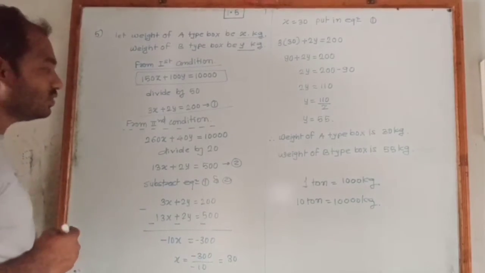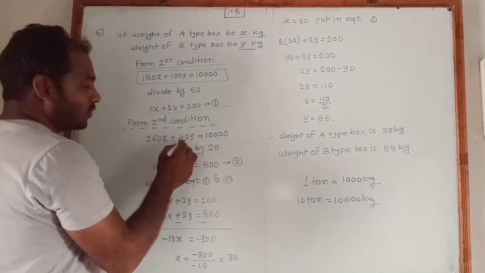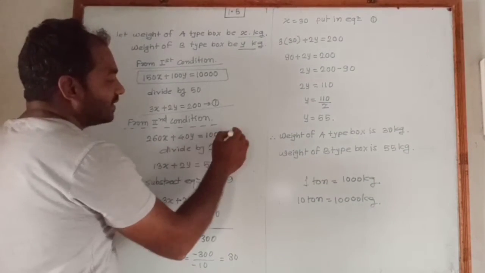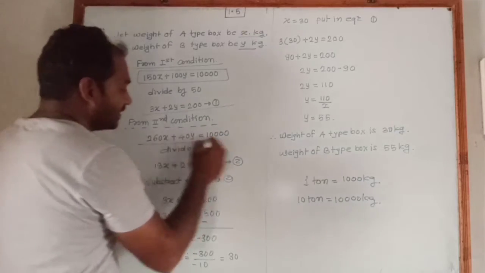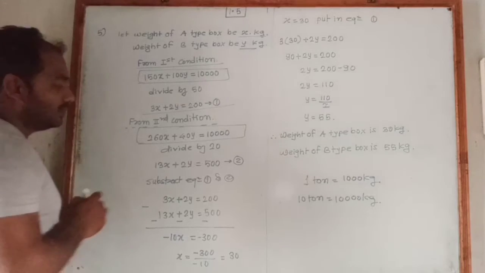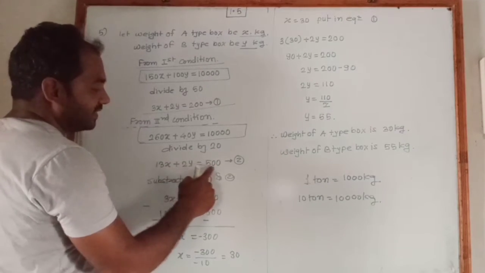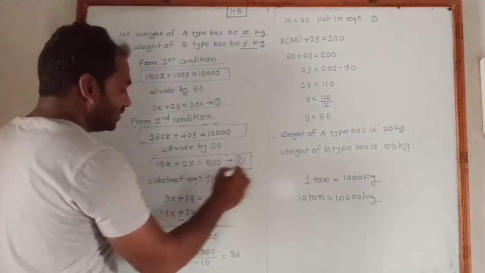So we write the equation 260x plus 40y is equal to 10,000. This is equation 2. Now divide this equation by 20, so we get 13x plus 2y is equal to 500. This is equation number 2.